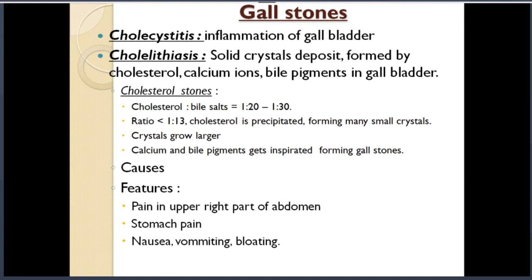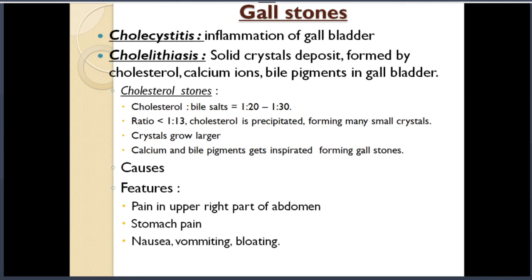Or there could be damage to the mucosal epithelium of the gallbladder, and that will lead to increased absorption, making the bile more concentrated. So, along with absorption of water, bile salts may also get absorbed. That will again lead to relative increase of calcium ion, and bile salt decrease, and that will again lead to precipitation of cholesterol and impregnation with calcium ion and bile pigment.